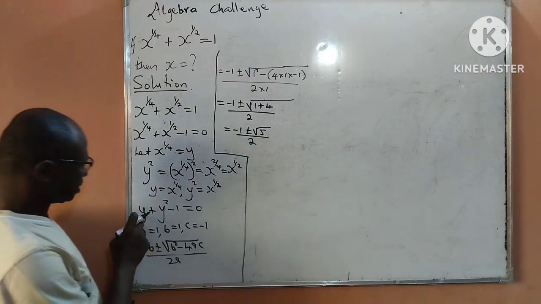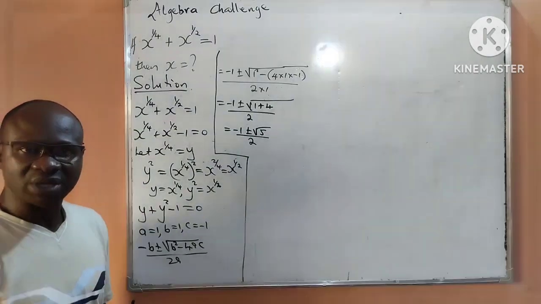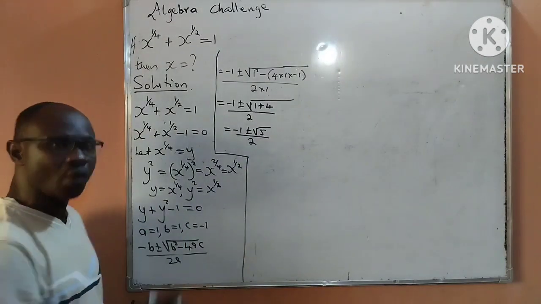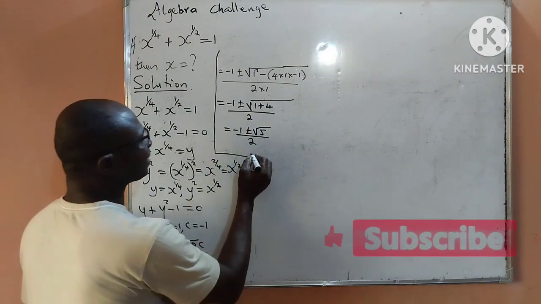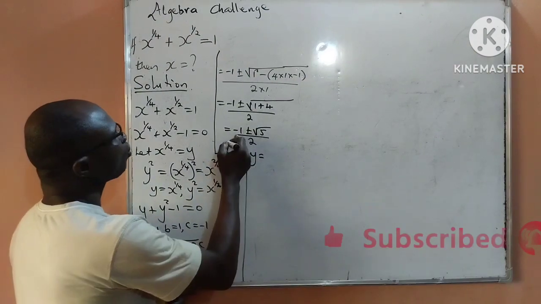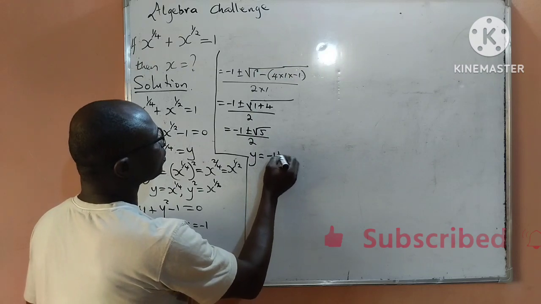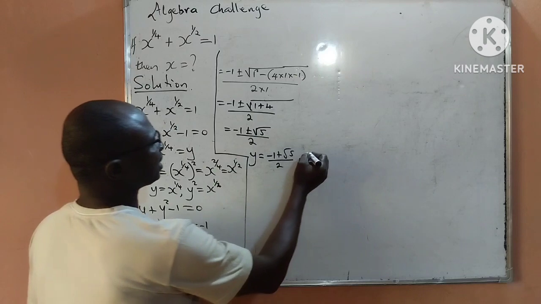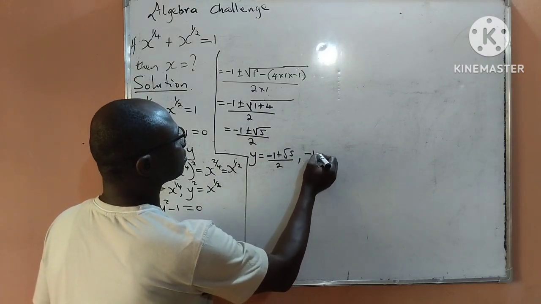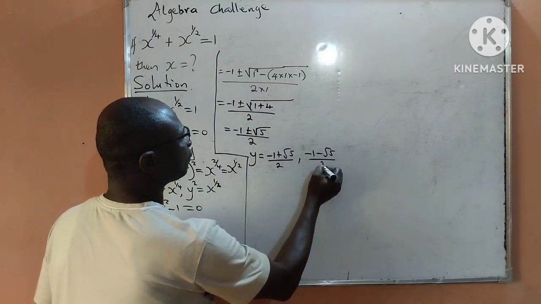Now, what we have gotten is the value of y from the quadratic equation. Moving forward, we can say that the values of y are minus 1 plus root 5 over 2, and the second value of y is minus 1 minus root 5 all over 2.